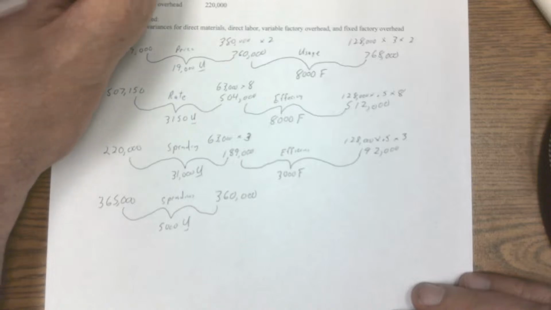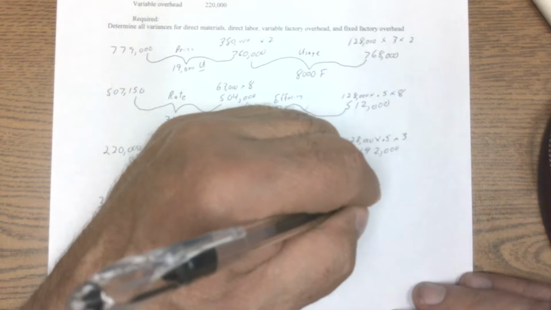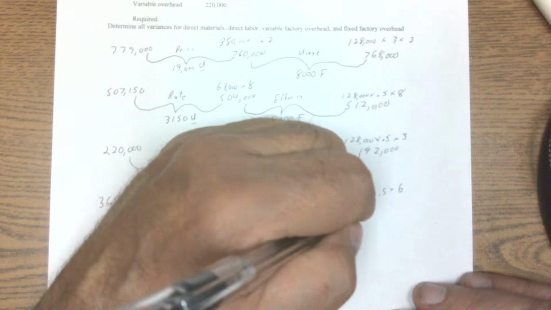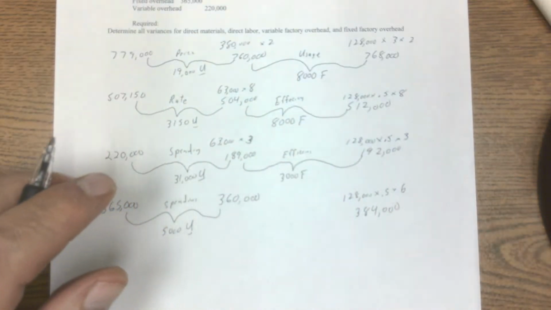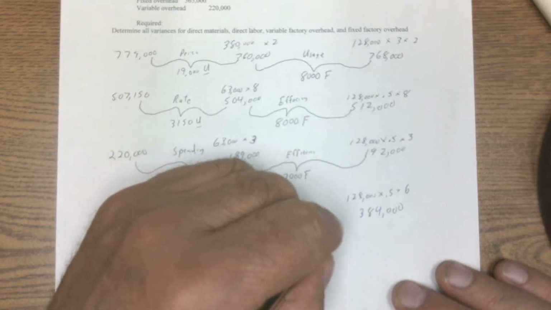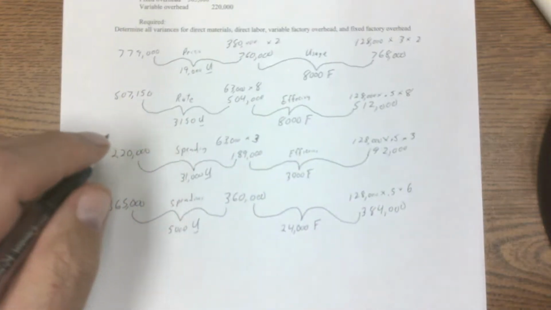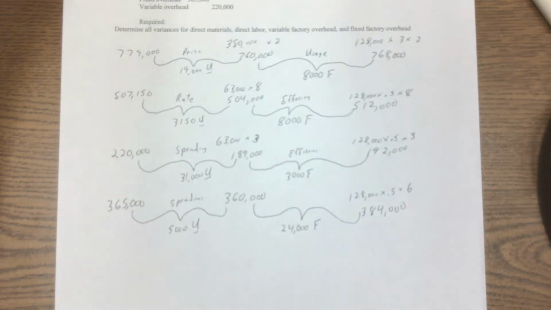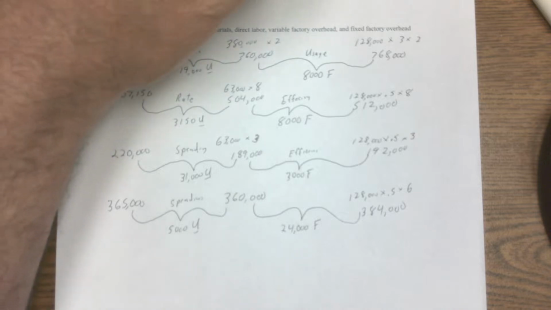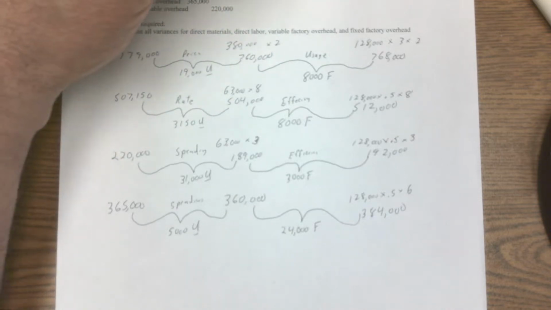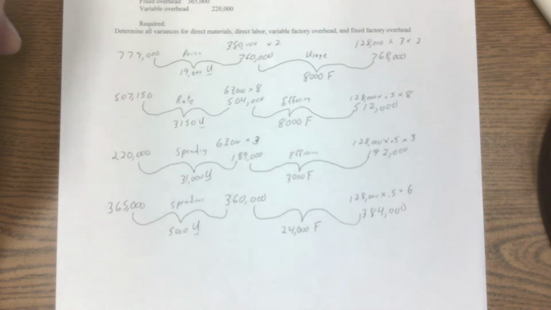And so the applied is 0.5 hours at $6 per hour. So we have 128 times 0.5 times 6, so that's going to be double, 384,000 there. So we have 24,000 favorable. Now, why is that? It's based on 120,000 units, and we made 128,000.